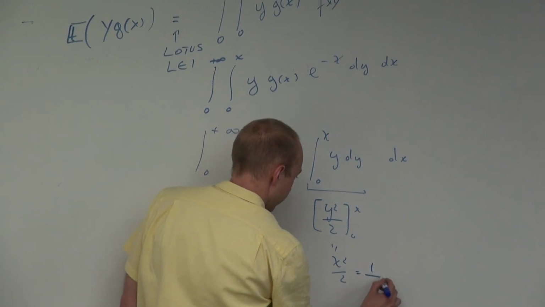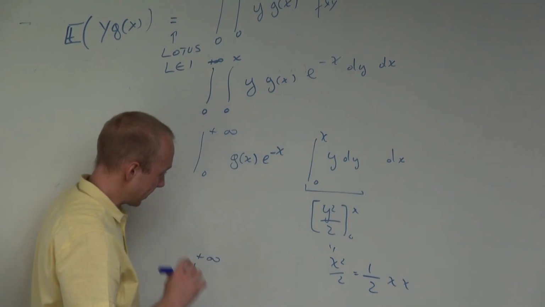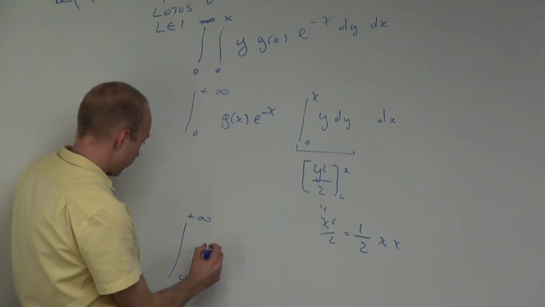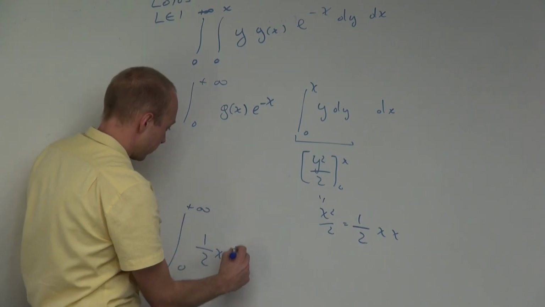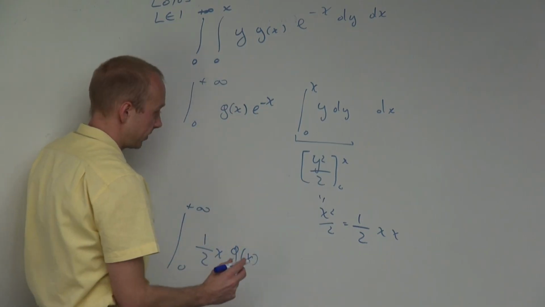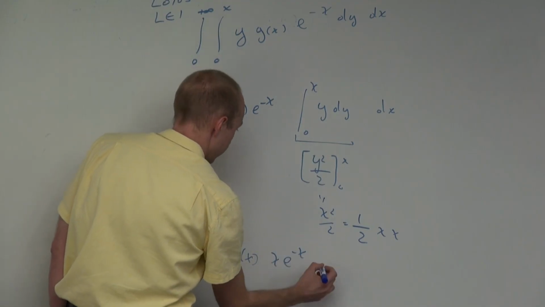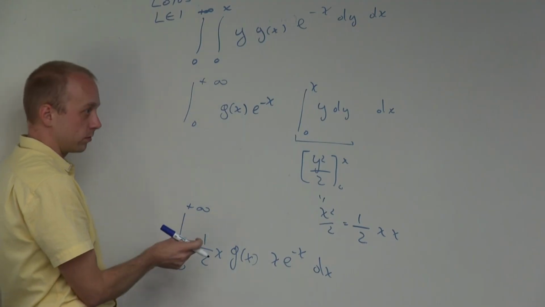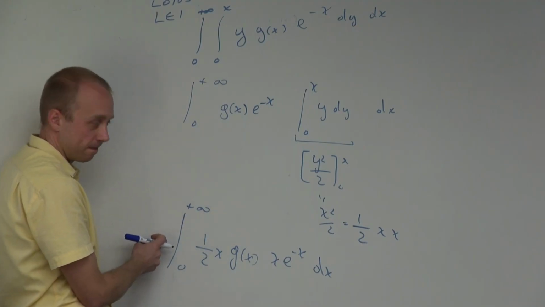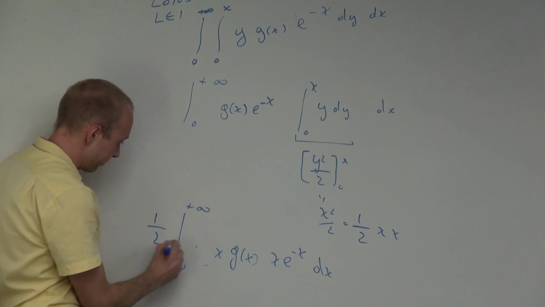Because you like to complicate things, you write it like this, okay? Yes? So you put the 1/2 x here. You put the g of x, yes? And then e minus x dx. See? Now, what is this? Okay, maybe clearer if I do it like this.